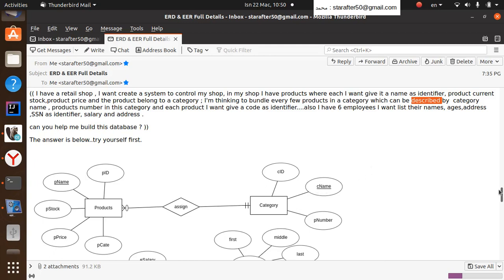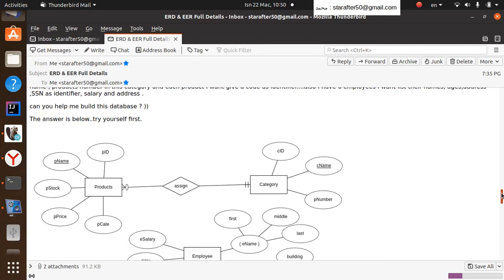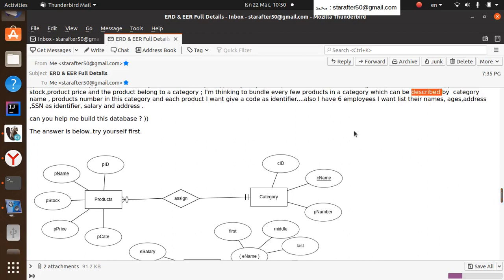Another thing, when he was talking, he said something about I have 6 employees. I want to list their names, ages, address, SSN, and as an identifier. So this employee also could be picked up as a table, as an entity, because it has things like names, age, address, SSN, salary.